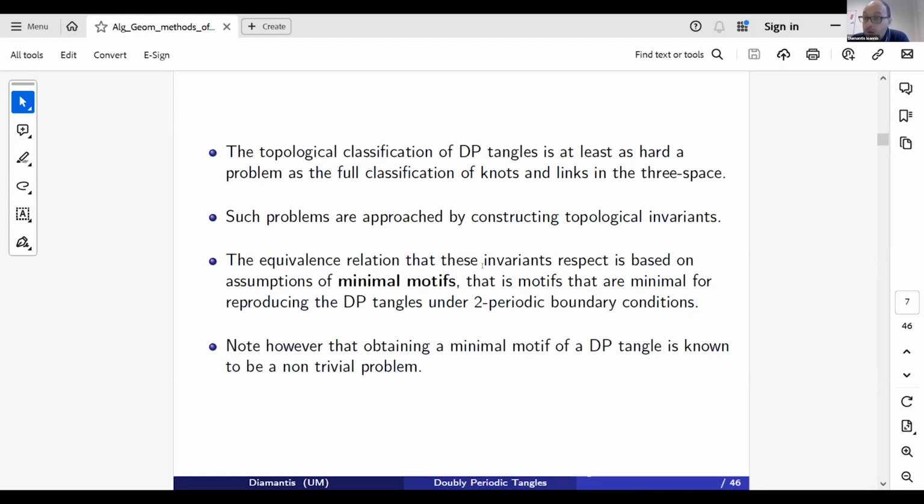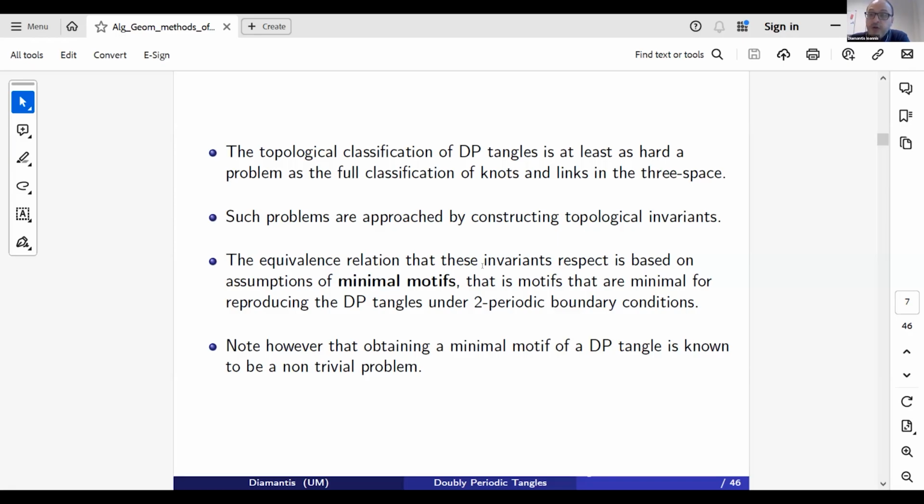This is much harder. Why? Because all the moves that need to be introduced here for the equivalence need to respect double periodicity, right? The periodicity. So in classical knot theory, you can do some standard Reidemeister moves, and that's all, the 3 Reidemeister moves plus the planar isotopy, or delta moves, as we call them.